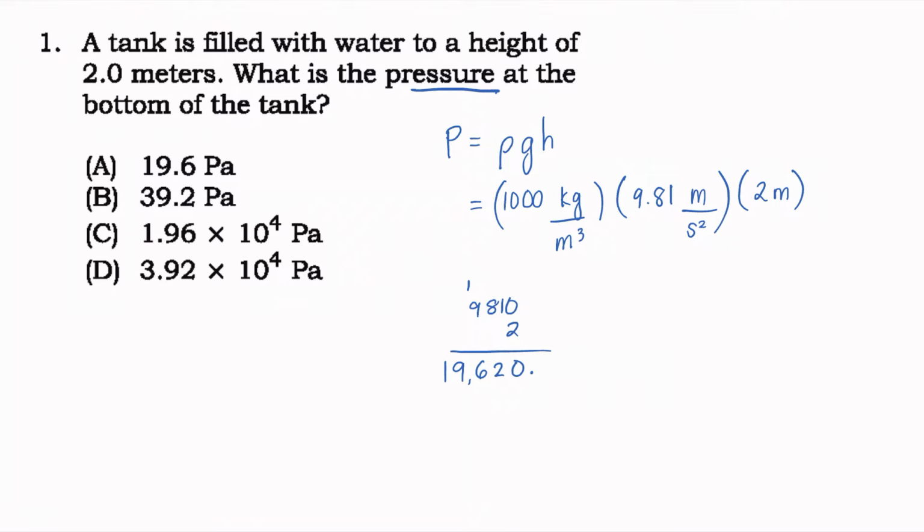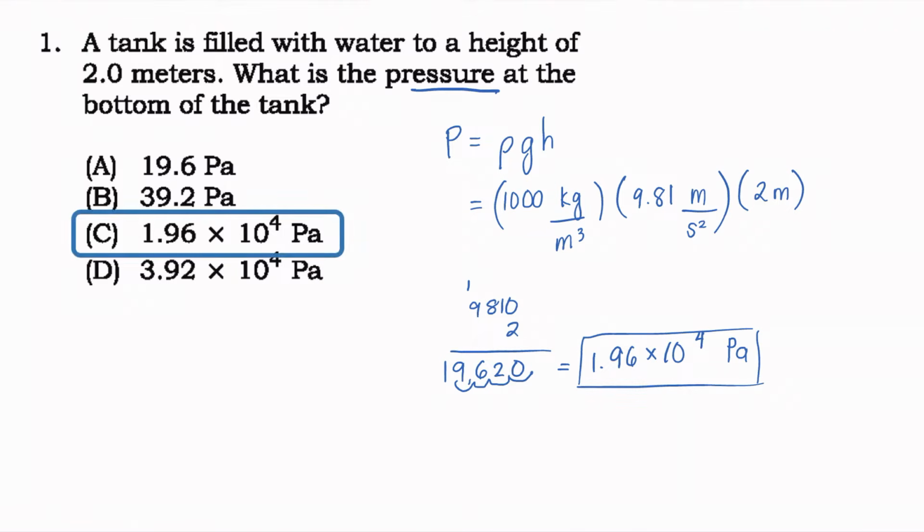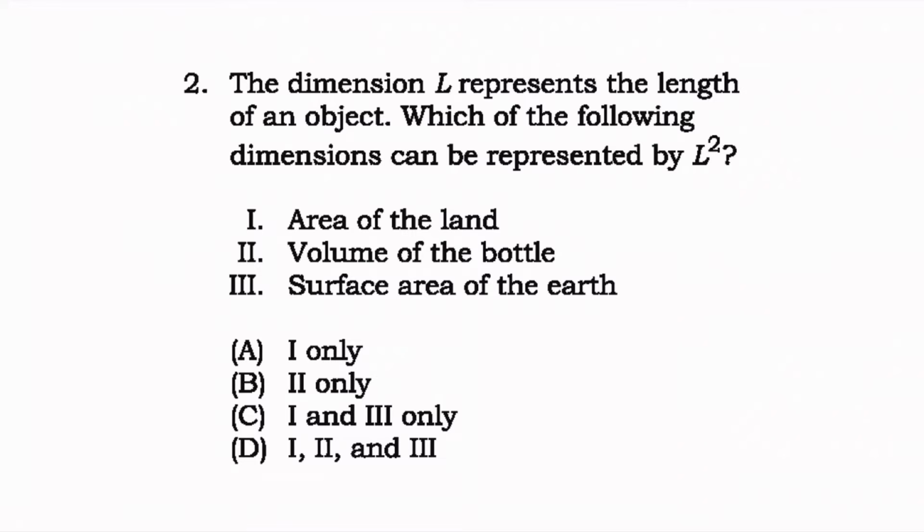Let's move the decimal point to the left. 1, 2, 3, 4. So, this is equal to 1.96 times 10 raised to 4 Pascal. So, this one is the final answer. That is letter C.